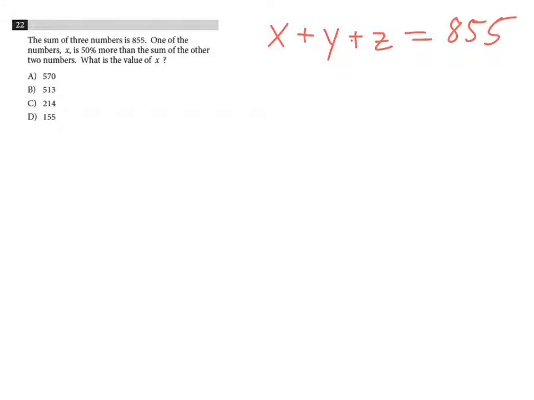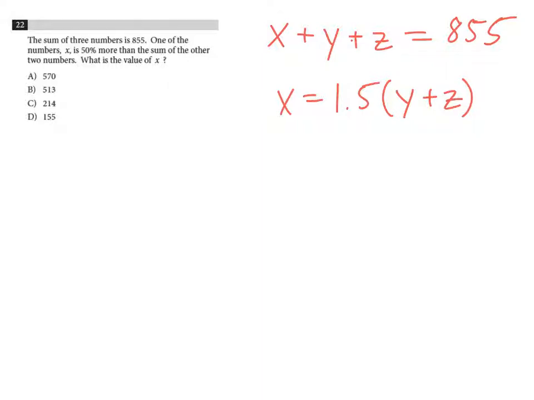And we know that x is 50% more than the sum of the other 2. Well, that's going to be 1.5 times y plus z. Okay. What's the value of x?